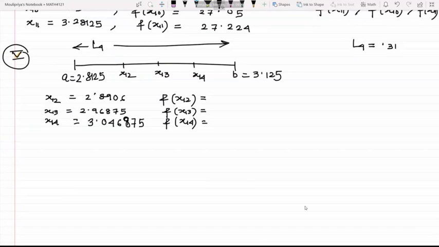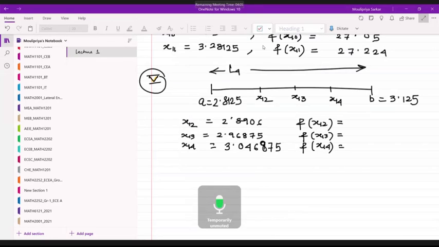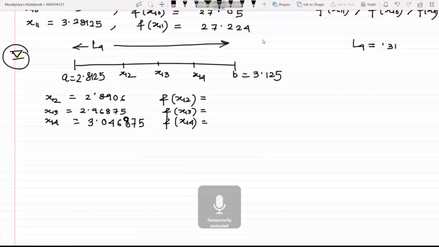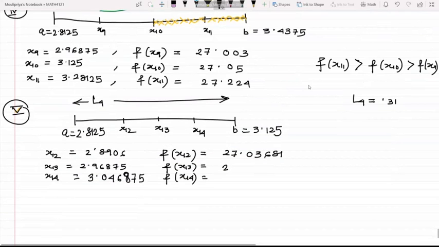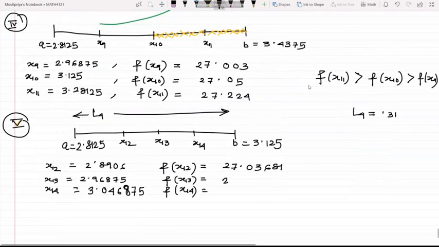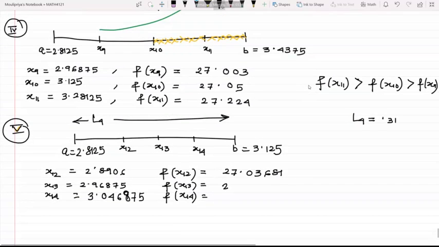The values. f of x13, what was it? 27.003. Or f of x14?